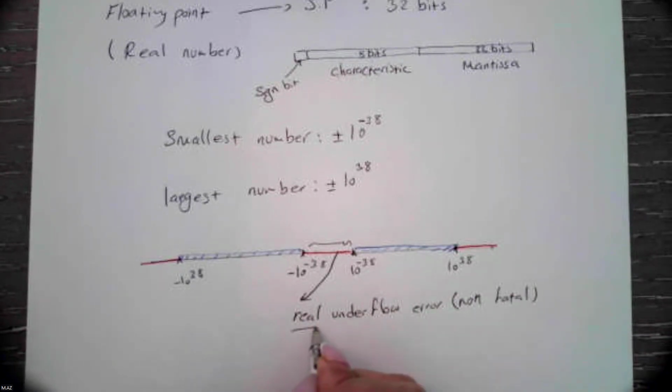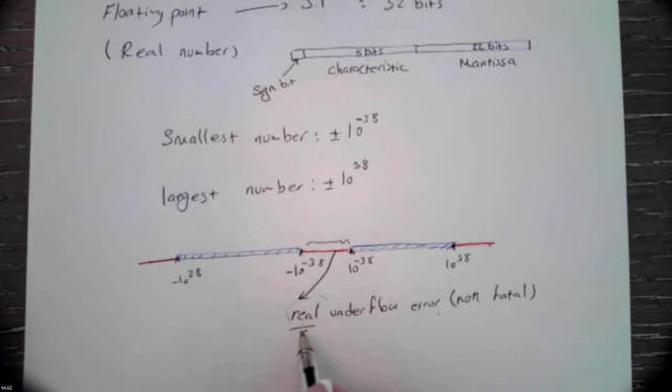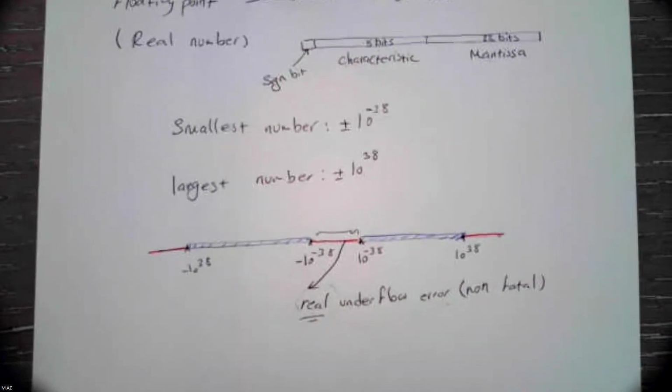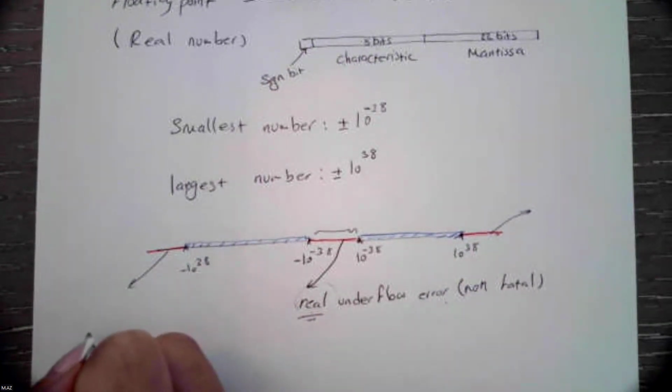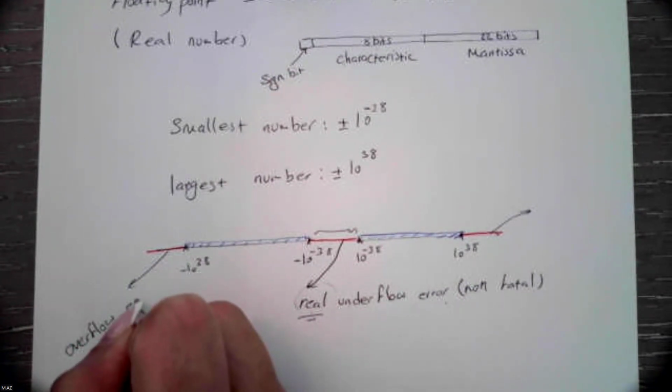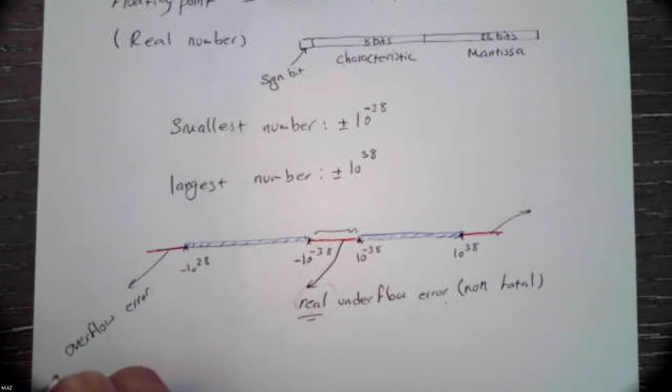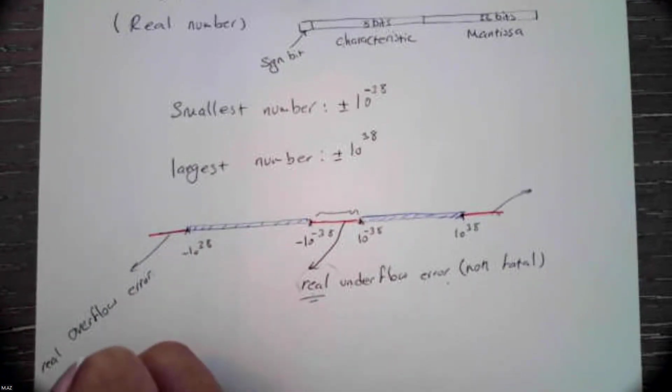Again, we should mention, this is real underflow error. This means we are talking about real numbers, not integer numbers. How about these two areas? This is called overflow error, or real overflow error, which is fatal.